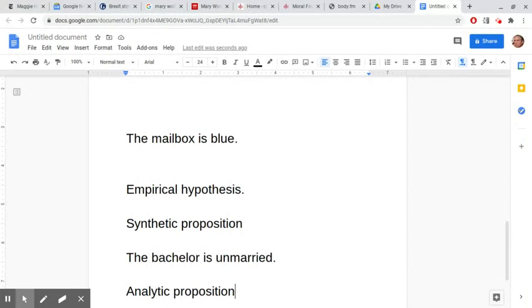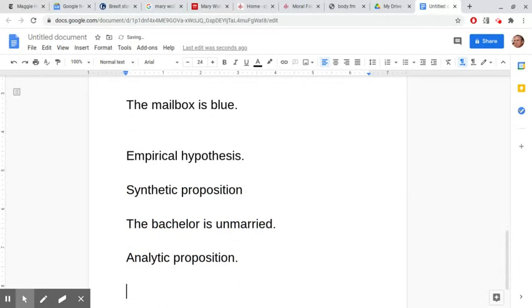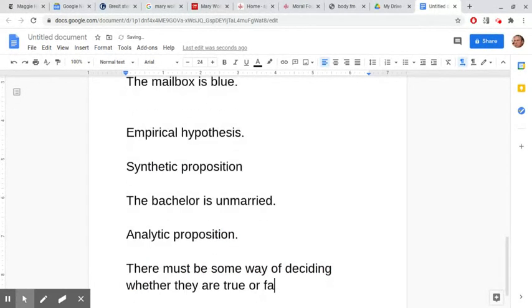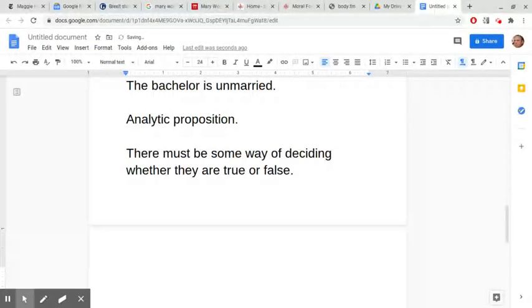So when it comes to synthetic propositions, they are empirical hypotheses. And so Ayer's idea is that in order for those kind of propositions to be meaningful, at least there must be some way in principle, let's say.